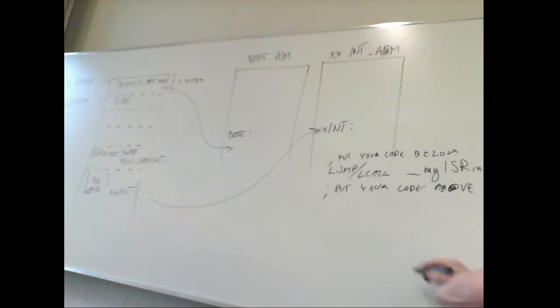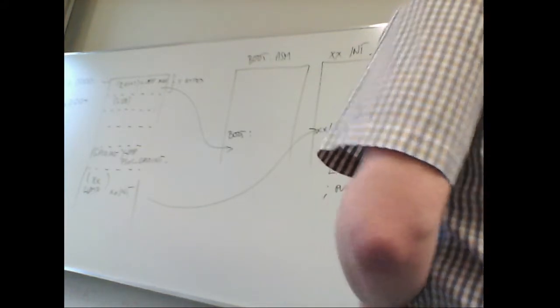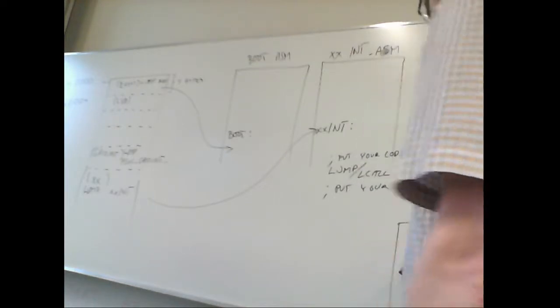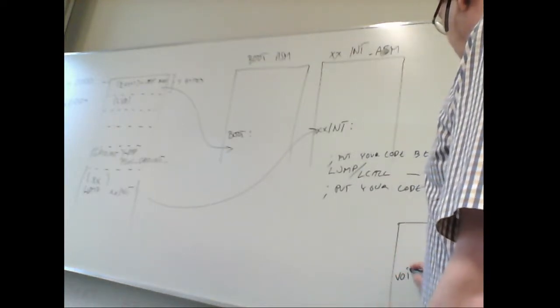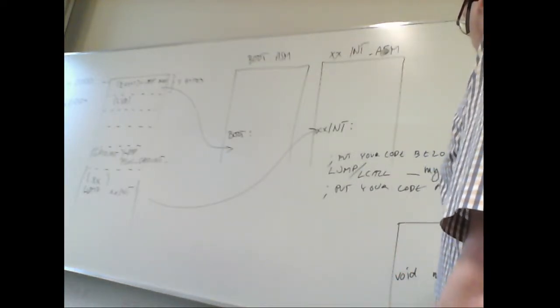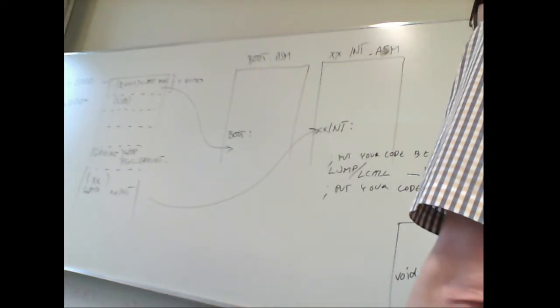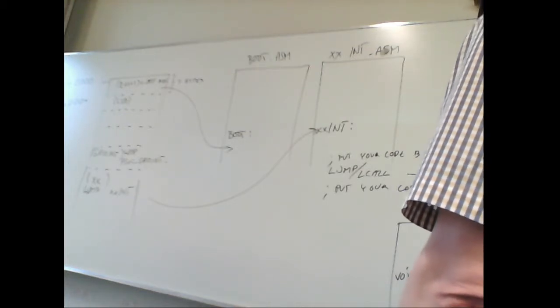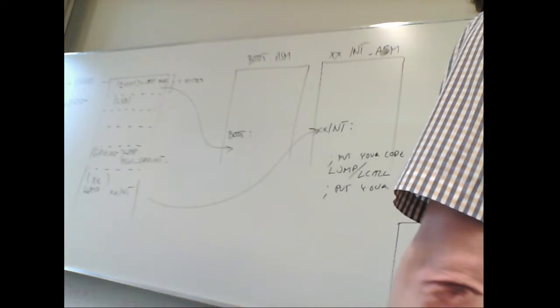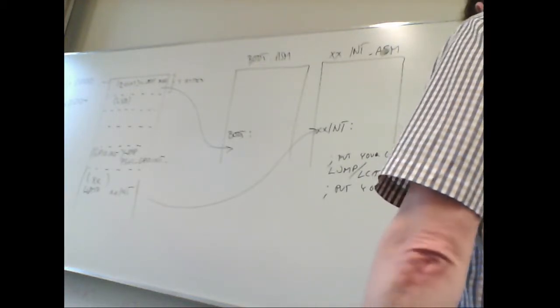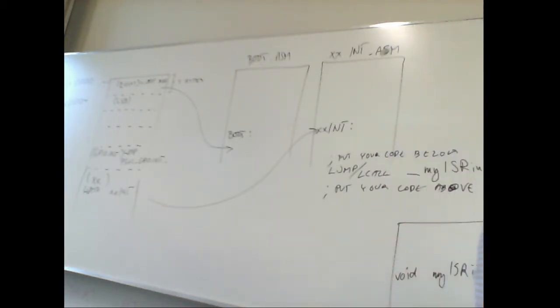So now you have your own code somewhere, a void function of my ISR in C, where you basically do whatever is needed.